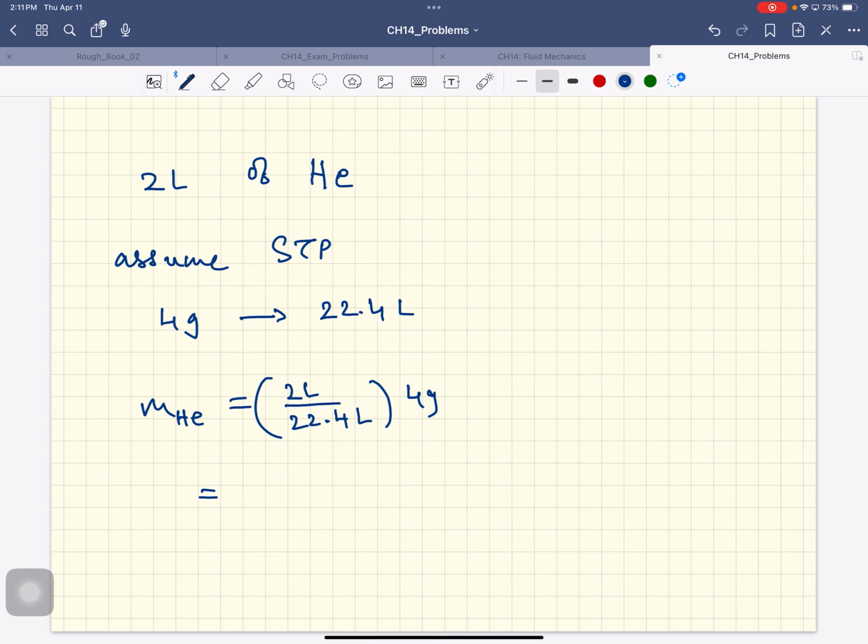Okay, so the mass of helium you have is 0.089 grams.